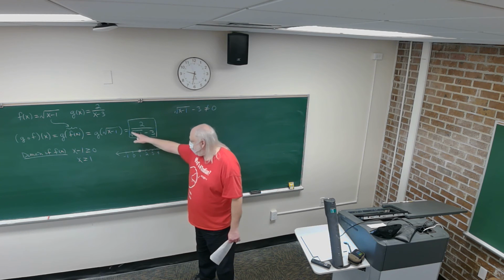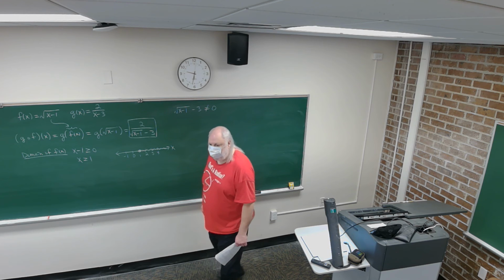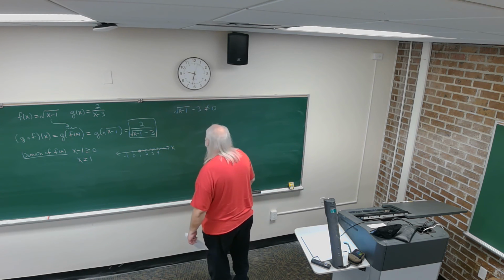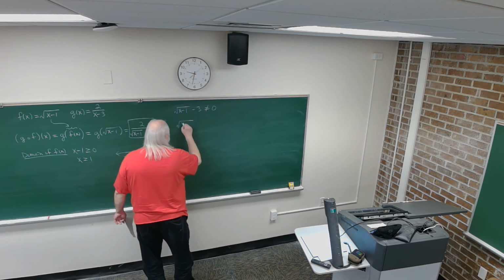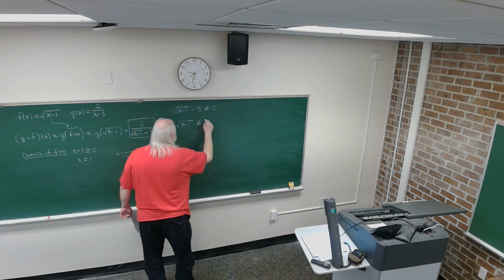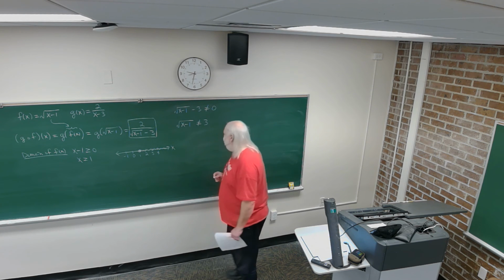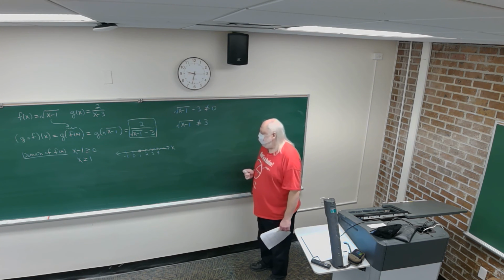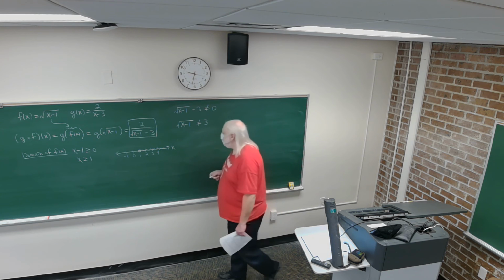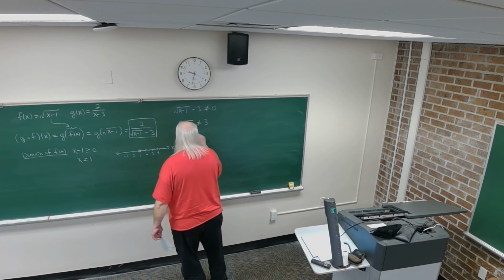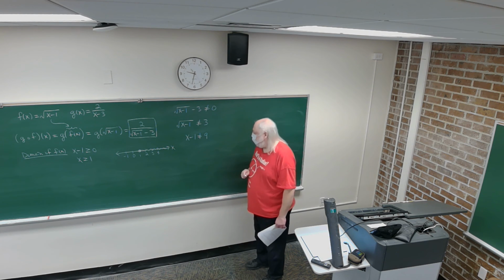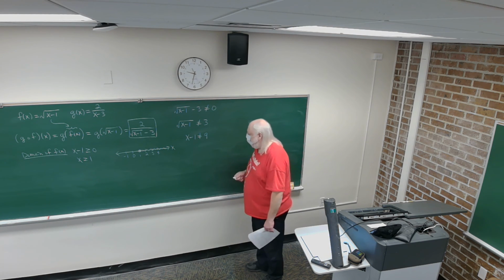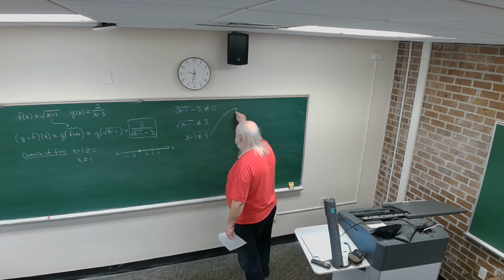The second restriction is that this denominator can't equal 0. So we add 3 to both sides, and we get the square root of x minus 1 can't equal 3. And then we square both sides. We get x minus 1 can't equal 9.